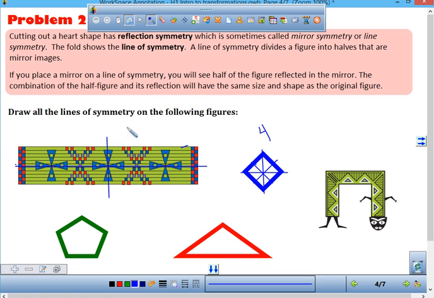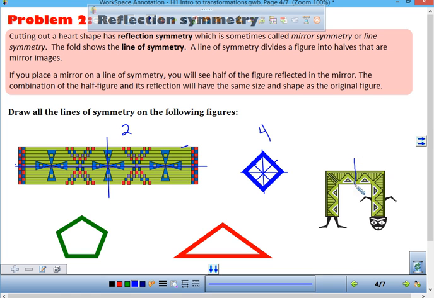How many did this one have? 2. How about this shape? If you don't look at the feet, the arms, and the head, could you draw a line of symmetry anywhere? You can draw diagonally.